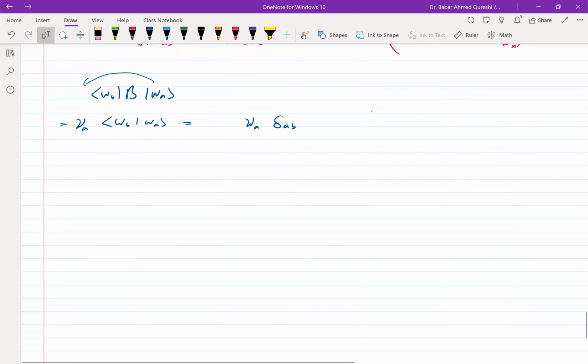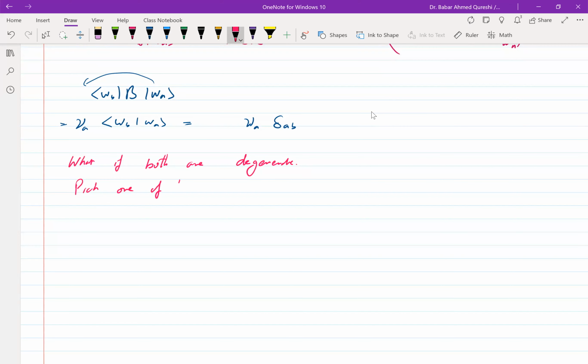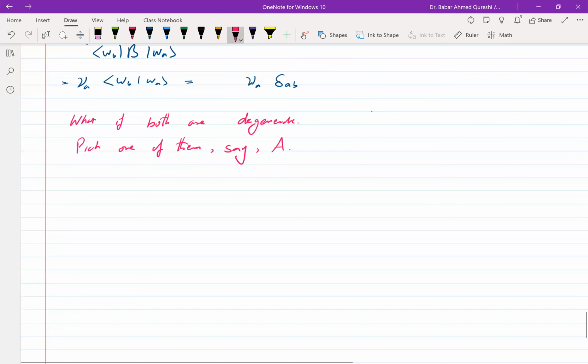Now, what happens if both are degenerate? We know that if I pick one of them, say A, then I can still find a basis where this is diagonal.